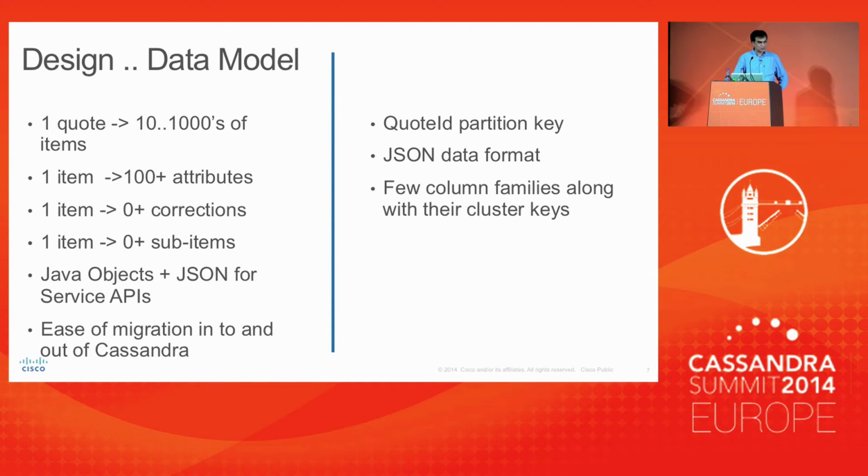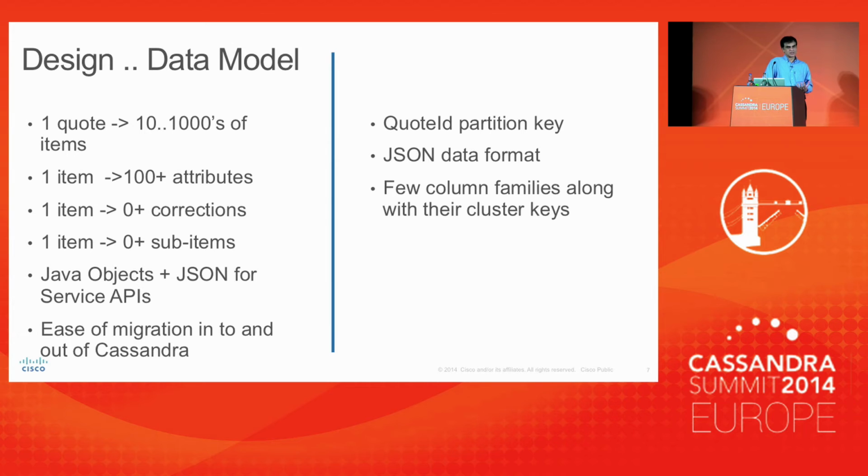Now, how do we design this? So the data model, if you really look at a large part of the commerce interaction is all about creating a quote. Now the quote has a lot of complexity in it. It has items, and those can vary depending on what you want to purchase, but it goes from tens to thousands. The items have actually, believe it or not, lots of attributes to them, over 100, and it depends on the business model how many there really are.